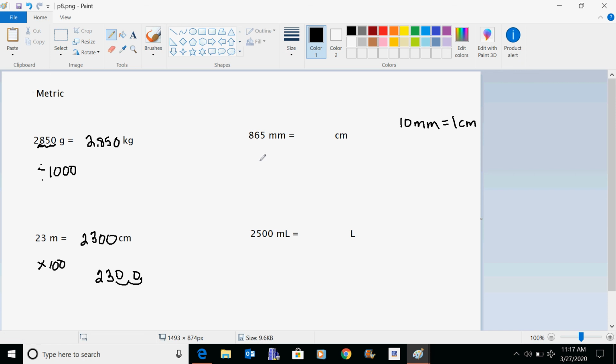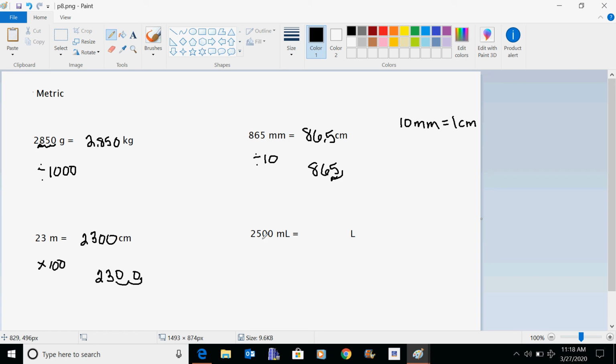So what you need to do for this one is divide by 10, because there's more of the littles than there are of the bigs. So 865, you need to move the decimal over one place. We get 86.5 centimeters.